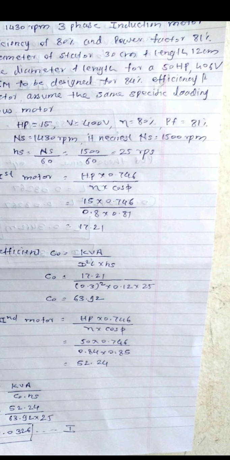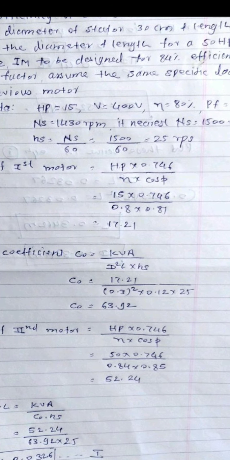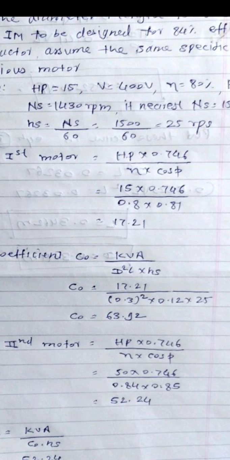Note that speed in rpm should be converted to rps by dividing by 60, and it becomes 25 rps.